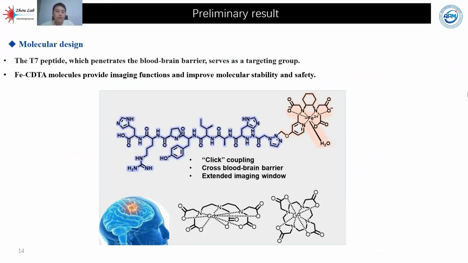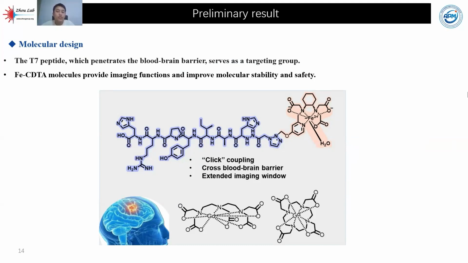This contrast agent can be applied to imaging gliomas in the brain. The blue part of this molecule is the targeting peptide, which can bind with the transferrin receptor, allowing for more efficient transport to the brain for imaging. And the red part is the iron complex contrast agent, which can bind with transferrin.